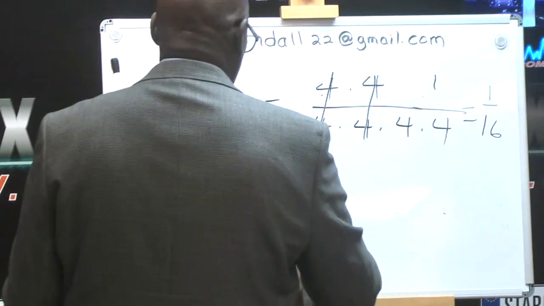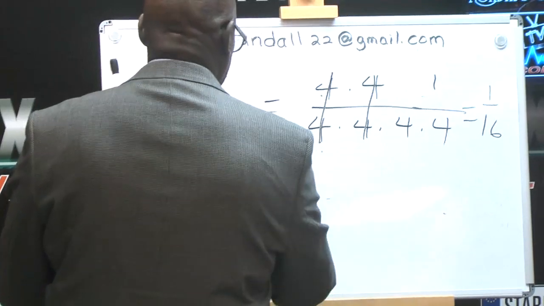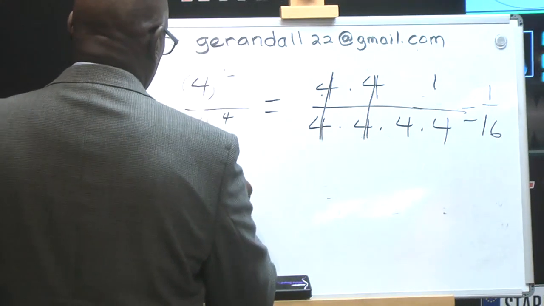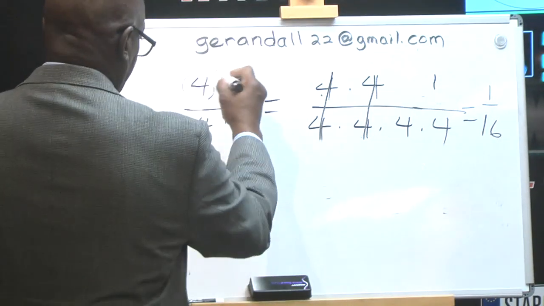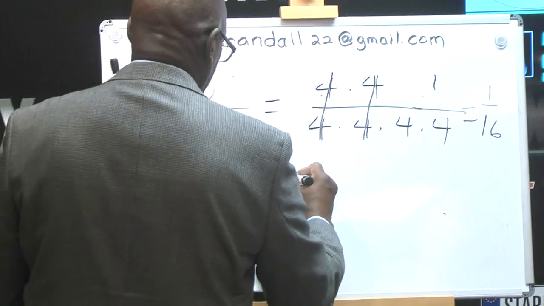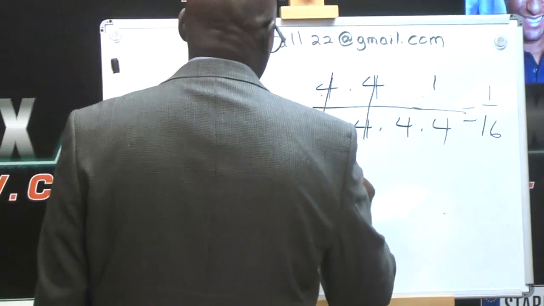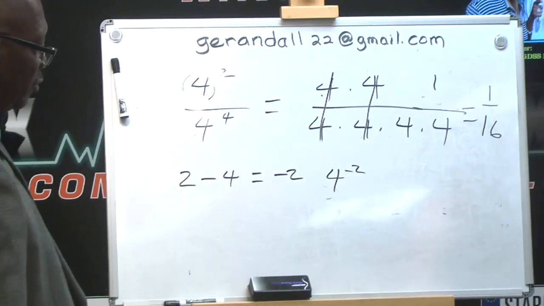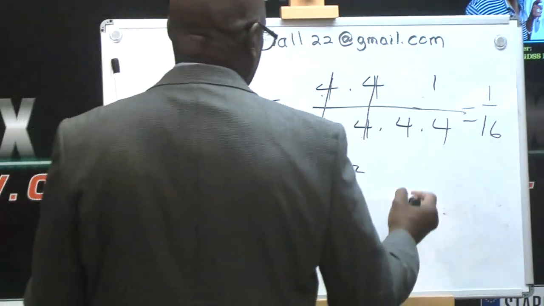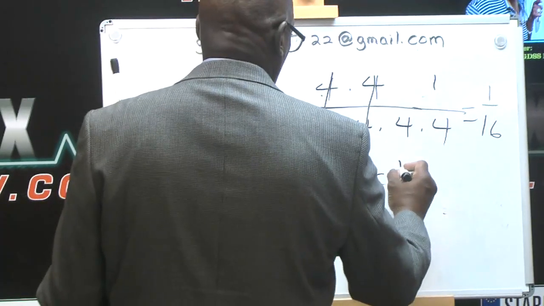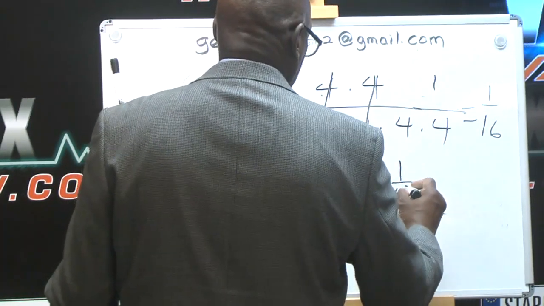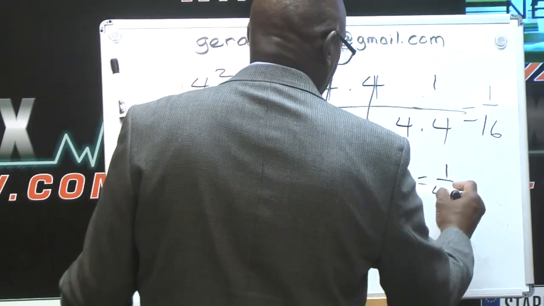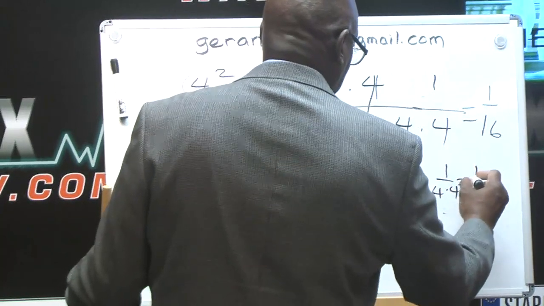So what took place here would be the same thing as doing this. 2 subtract 4 for these would be a -2, and you'd have 4 to the -2 power. But we can't leave it like that. We've got to take it and equal 1 over 4 squared, which equals 1 over 16.